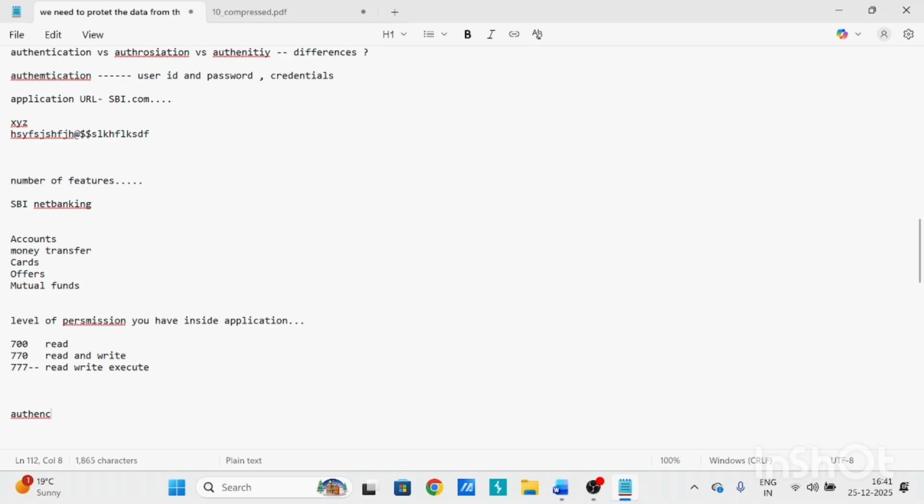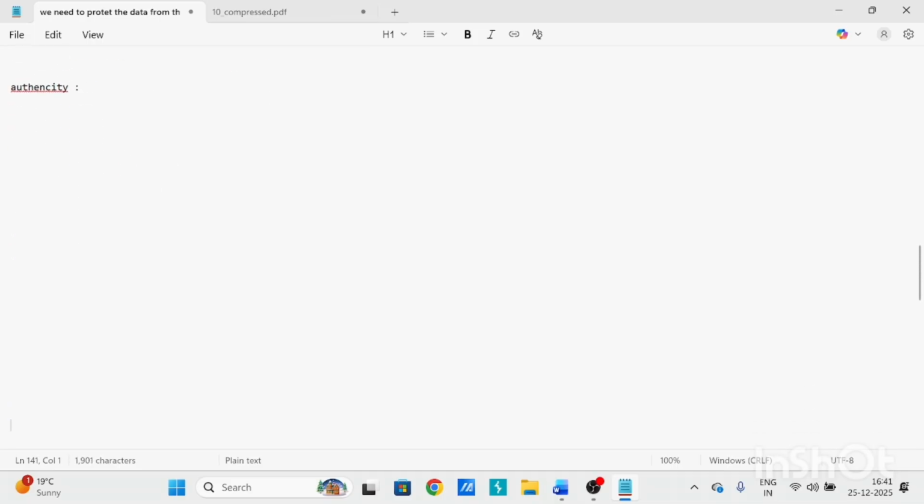Next is authenticity. Authenticity describes what the source of that information is, whether that source is genuine or not. Let's take an example. You receive an email from SBI, from John at the rate sbii.com.